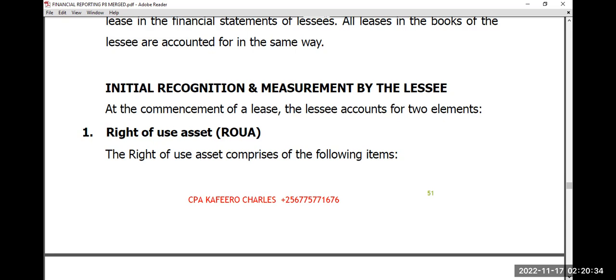So when you're talking about the right of use asset, we have certain items that we are going to account for as far as the acquisition of those leases is concerned. When acquiring any asset, we look at what costs are associated with the process of acquiring that asset. Are they going to be capitalized, or are some of them going to be ignored?